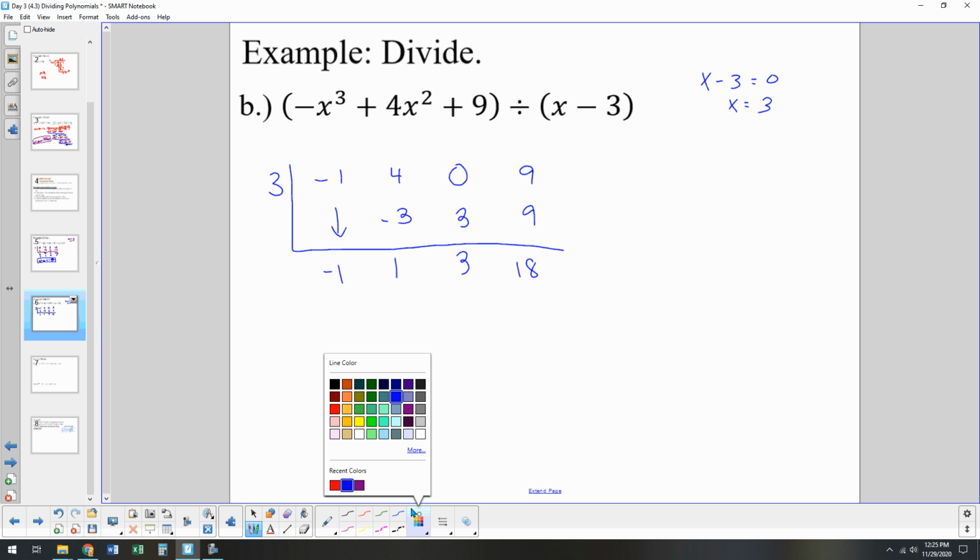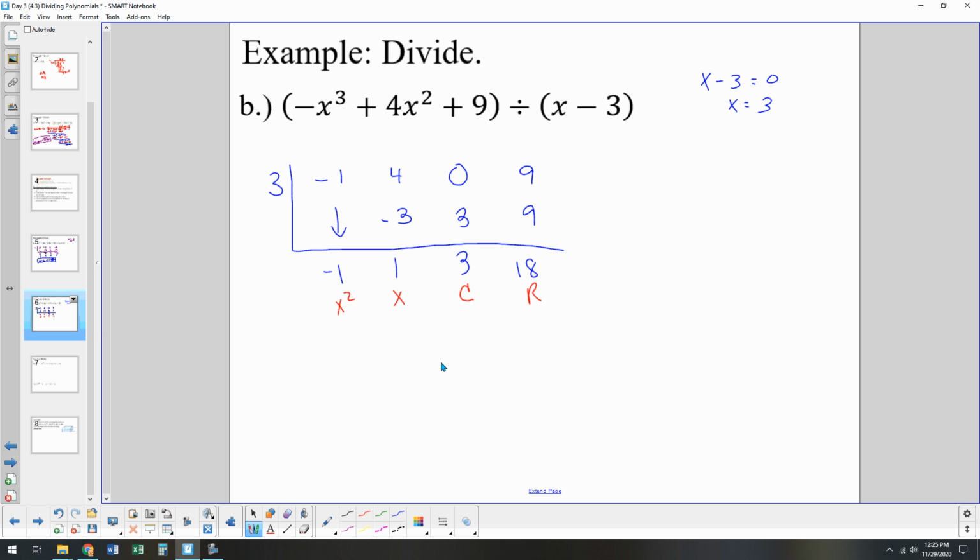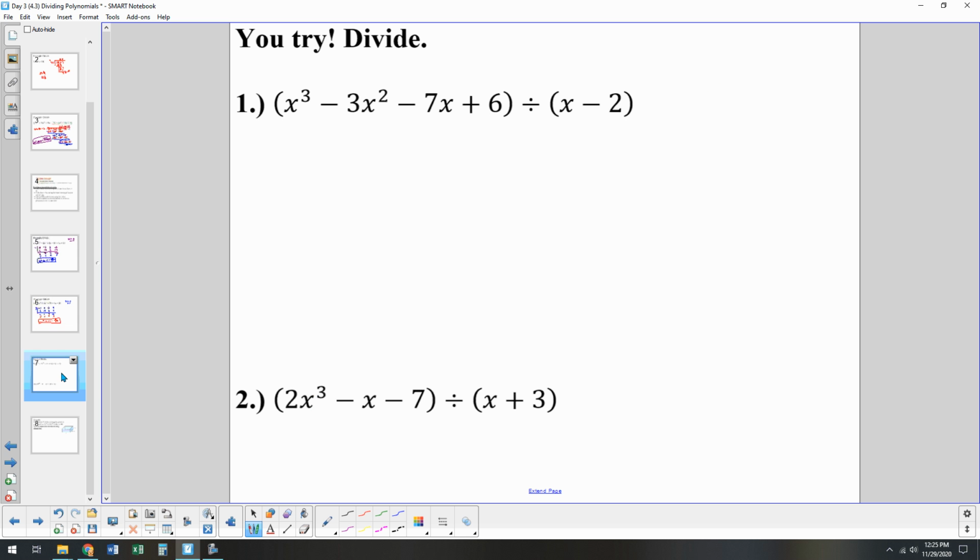So this time, 1 less than x cubed is x squared. That's our x term. That's our constant. That's our remainder. So that's going to be negative x squared plus x plus 3 plus 18 over x minus 3. Okay? You guys try the next two.